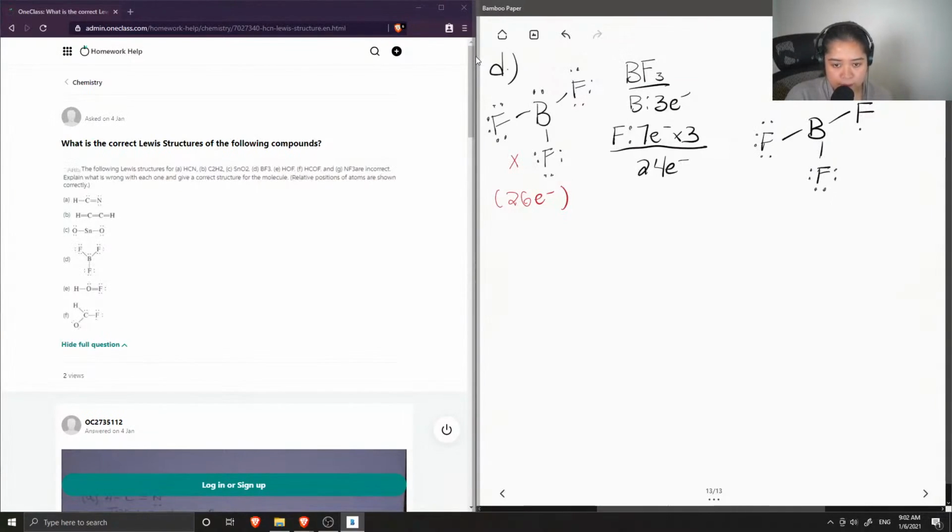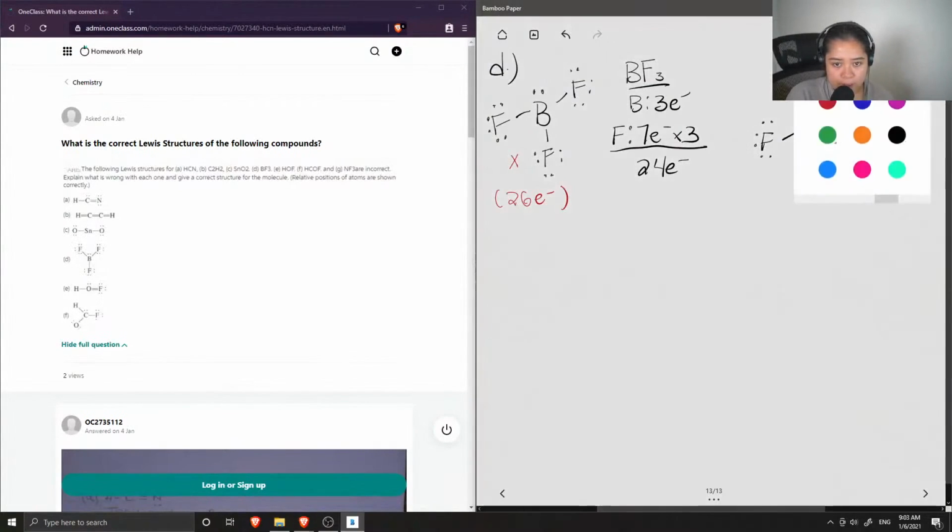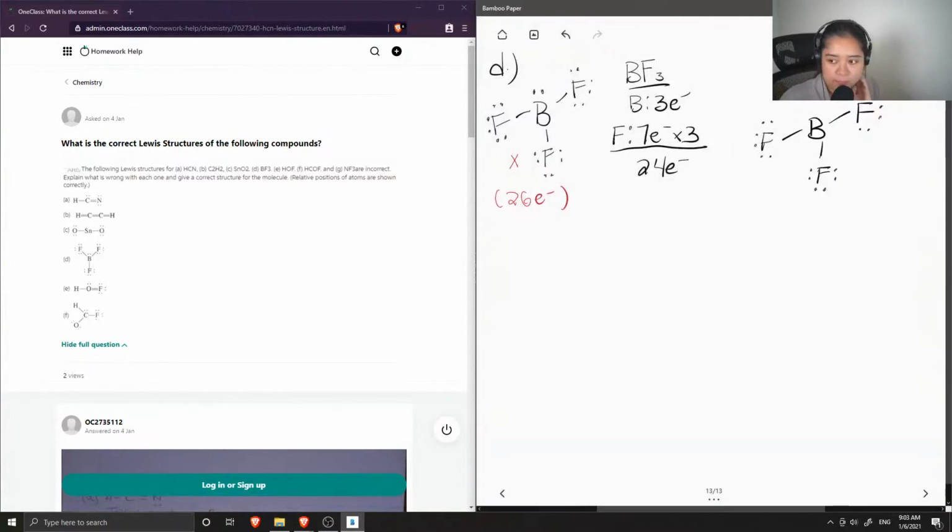So with molecules containing boron, boron is one of the exceptions to the octet rule. So it's actually satisfied even with just 6 valence electrons.